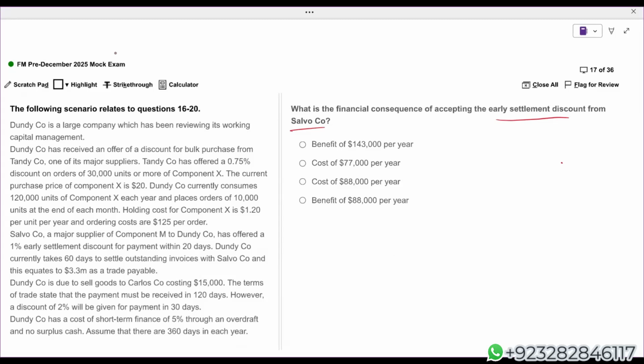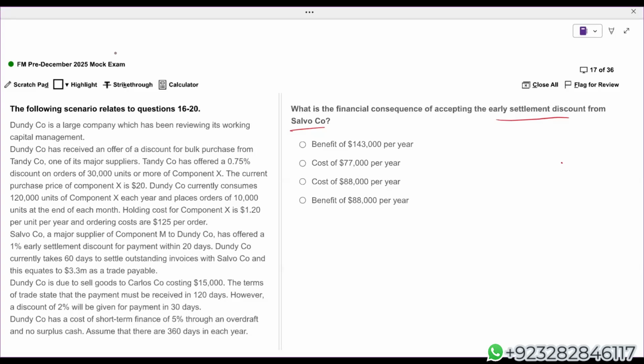If I receive early settlement discount, of course, receiving early settlement discount is income for us. But don't forget one thing. You will only get the early settlement discount obviously when you are paying early, earlier than the days which I was taking before that.